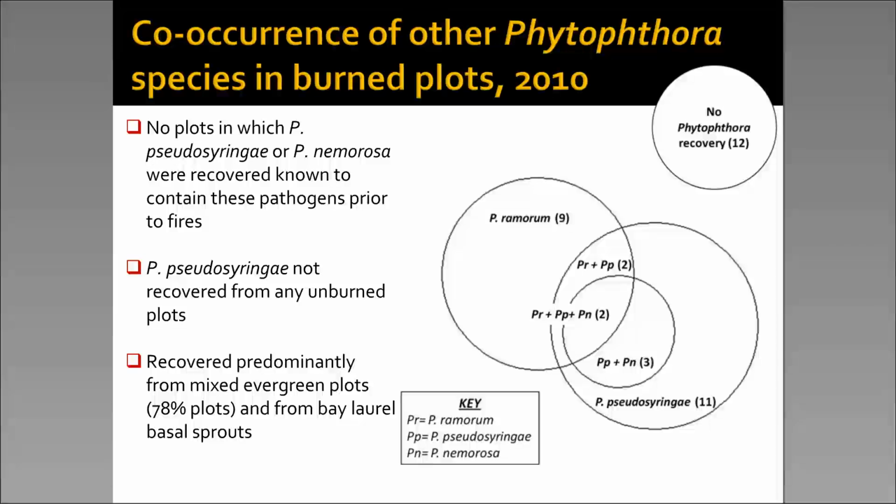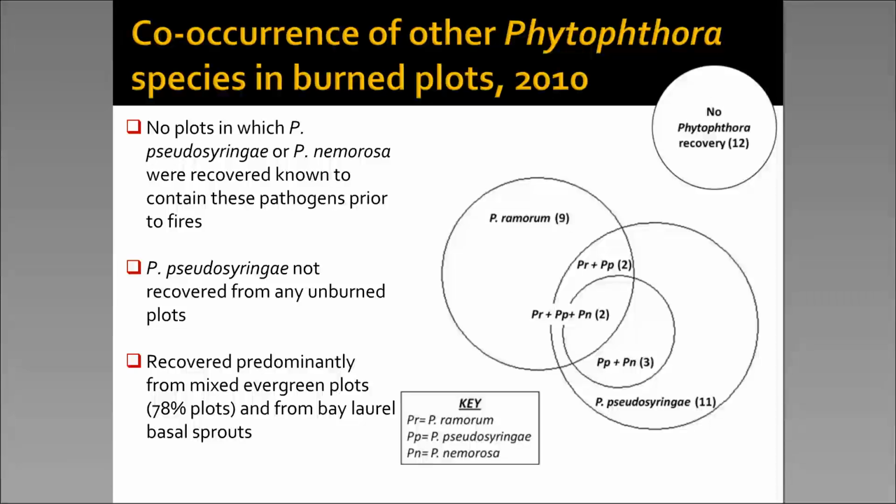However, as we look for ramorum, we seem to be finding them more and more within our California forests. So we started finding these other Phytophthora species, and what we were finding was that we were finding them overwhelmingly in the burned plots, and that we were recovering them predominantly from these bay laurel basal sprouts.